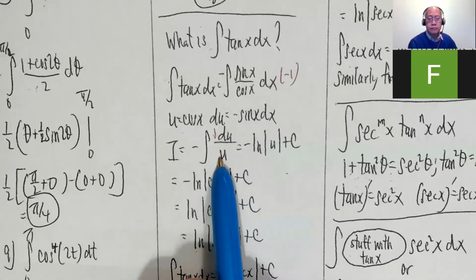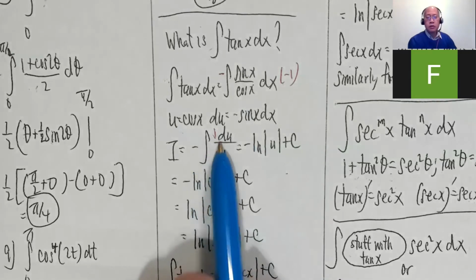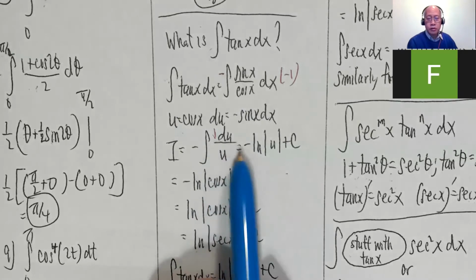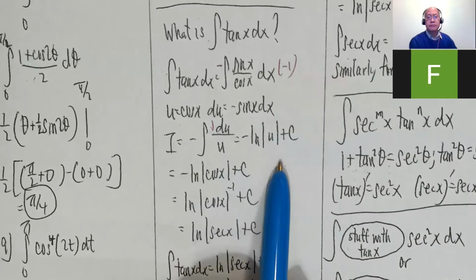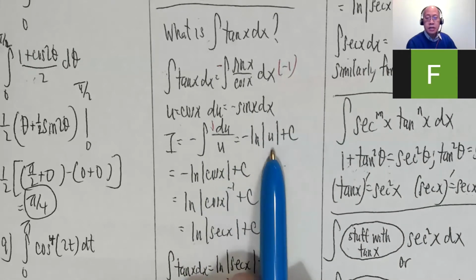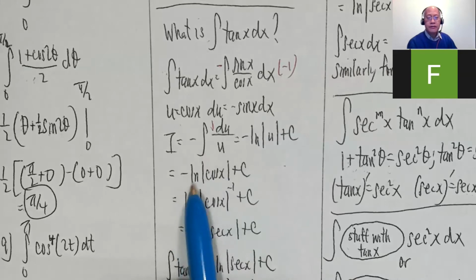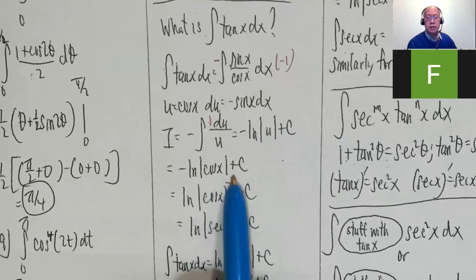Cosine x is my u. So I have the integral of 1 du over u. Integral of 1 over u is ln absolute value of u. So negative ln absolute value of u plus c. Change u back. Negative ln absolute value of cosine x plus c.